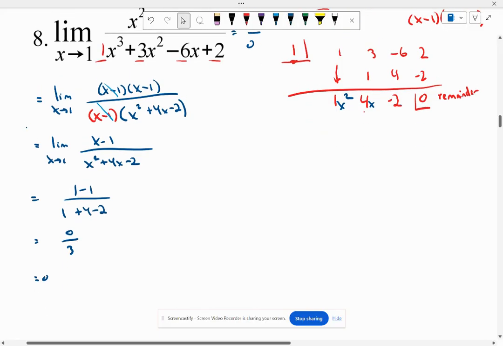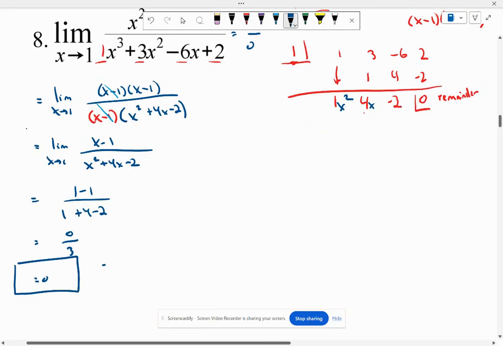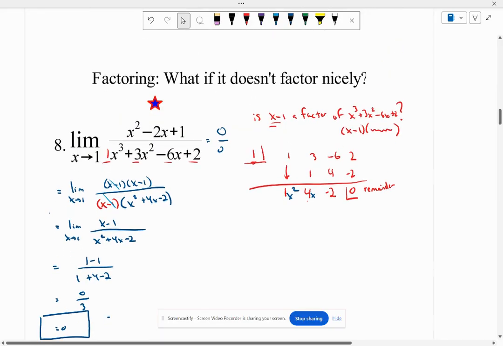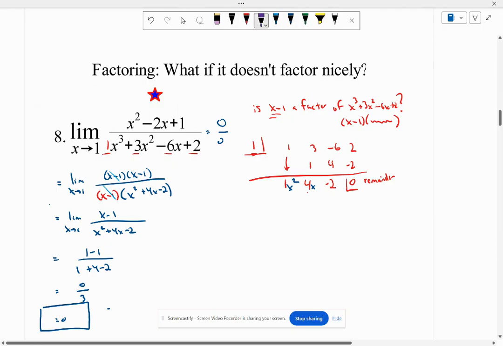And so this is the value of the limit of this function as x approaches 1. So there's a little bit of synthetic division here, and you can jot that down. If it doesn't factor nicely, let's use synthetic division to see if the factor we're interested in is indeed a factor of the polynomial we're trying to factor.